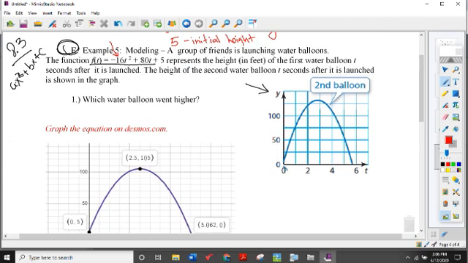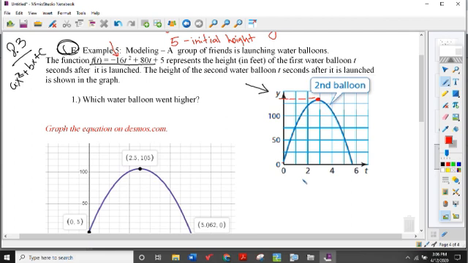So the second balloon, I can't really tell how tall the person was. Don't know the initial velocity, but you can see that its maximum height is somewhere around here, and it happens at 3 seconds, I'm sorry.